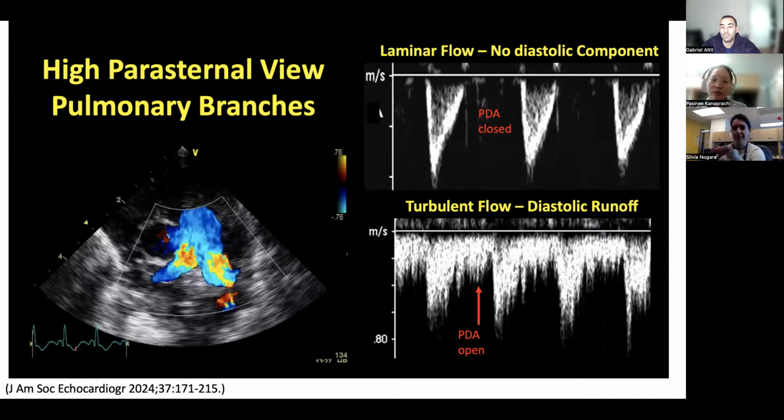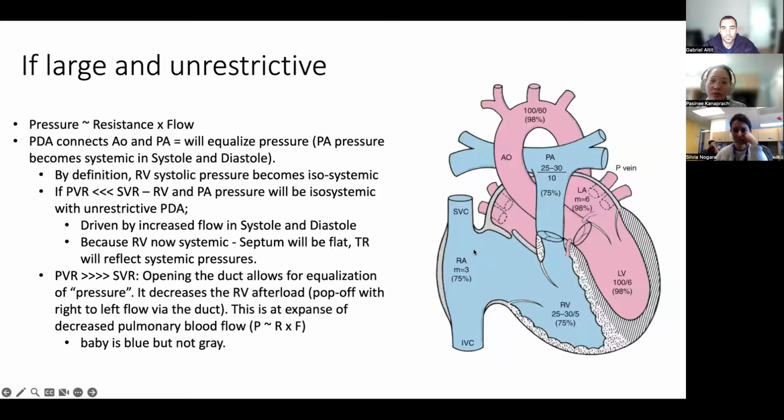So you can start getting acceleration of flow even in diastole when you're not supposed to have much flow in the pulmonary arteries. So that's one of the elements that we look for when we have PDA, is to see some of the end diastolic velocity properties.